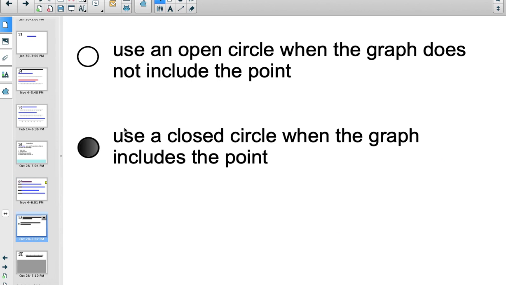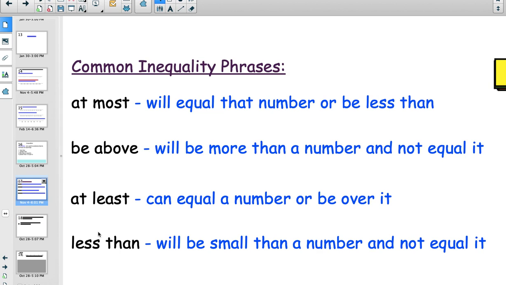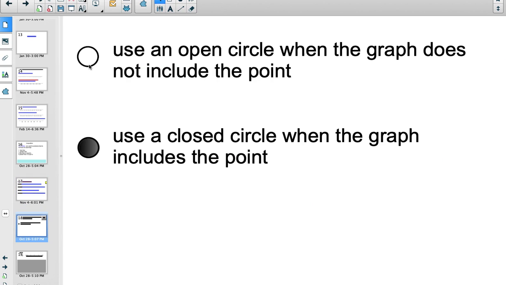On a number line, we can graph inequalities. We use an open circle when it does not include that number. So when I have less than $20, I would use the open circle. I have less than 20; I do not have 20.